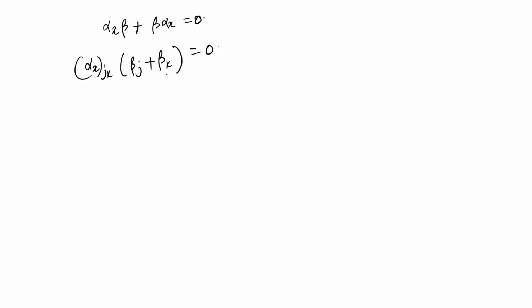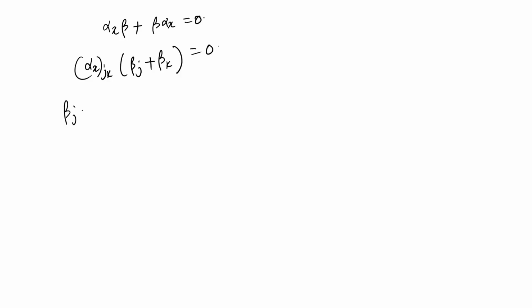Now, beta j and beta k are the diagonal elements, and because it has eigenvalues plus 1 and minus 1, beta j can be equal to beta k, either both plus 1 or both minus 1. In both cases, alpha x jk is equal to 0.